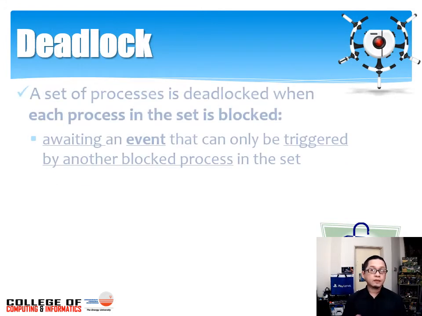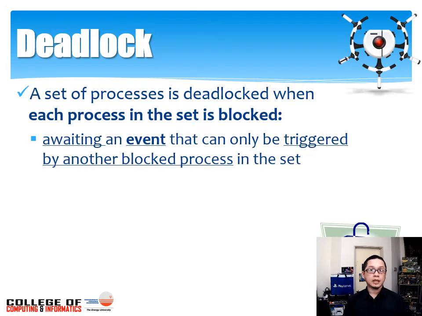If you remember previously, we have many states of a process. Apart from it, we have the new, ready, running, and also the blocked process. So what happens in a deadlock situation is that we have multiple processes that are being blocked.